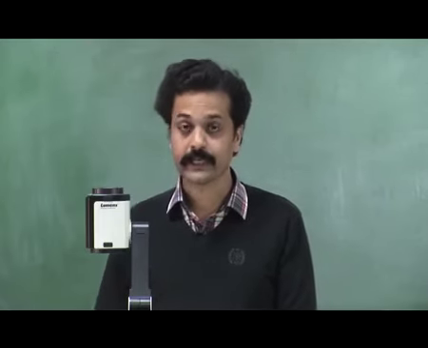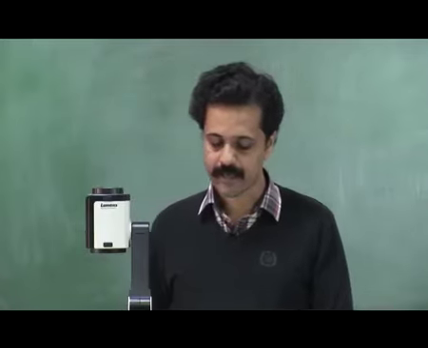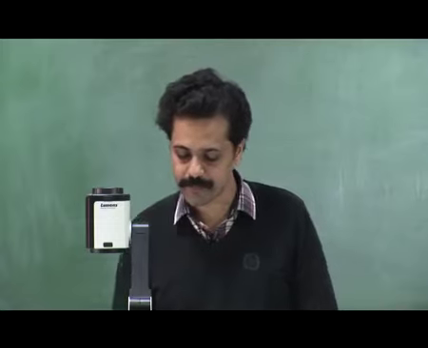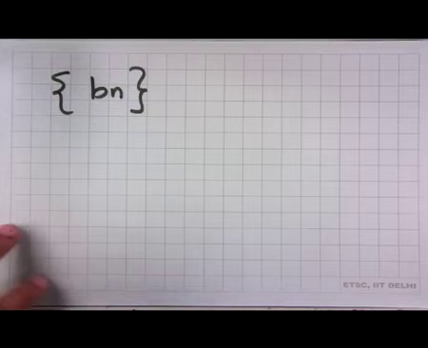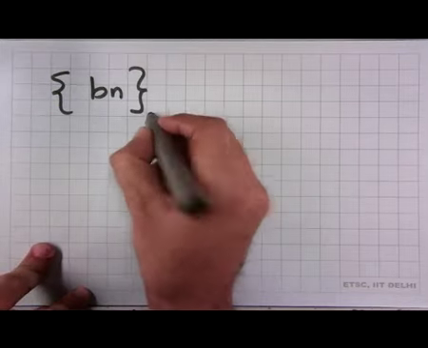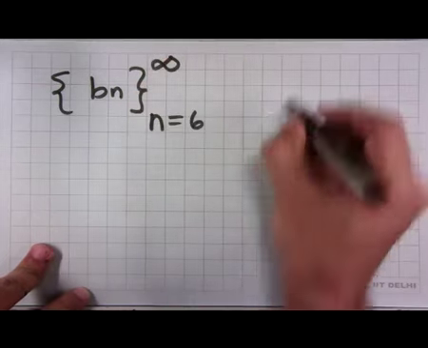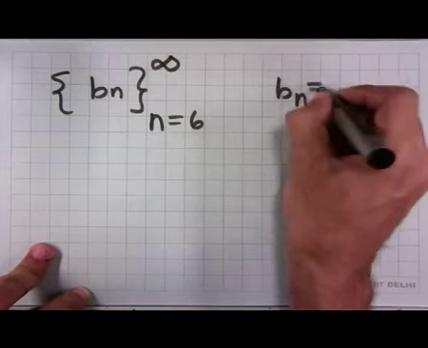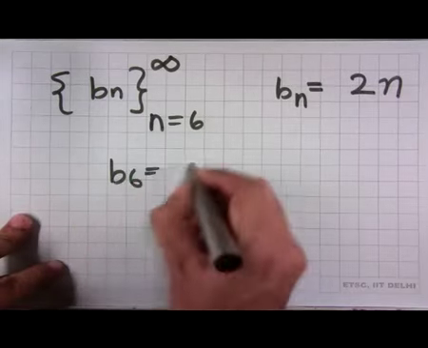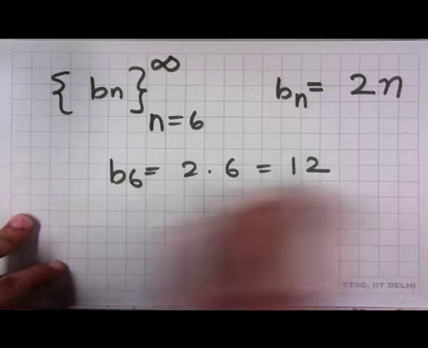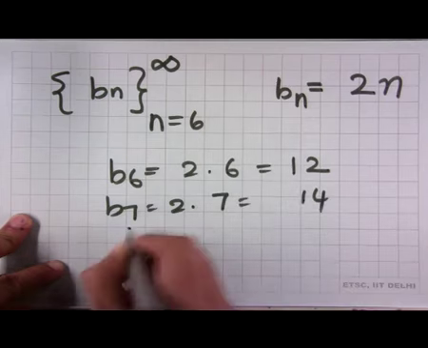I would like to draw your attention to the fact that the same sequence can also be expressed as b_n, where n is equal to 6 to infinity, b_n is equal to 2n. b_6 is 2 into 6, 12. b_7 is 2 into 7, 14, and so on.